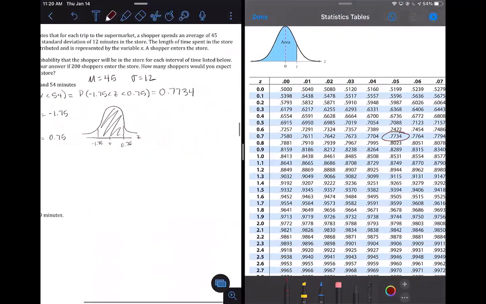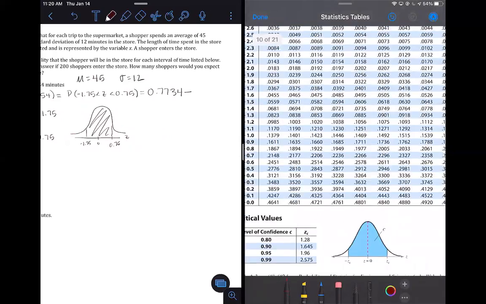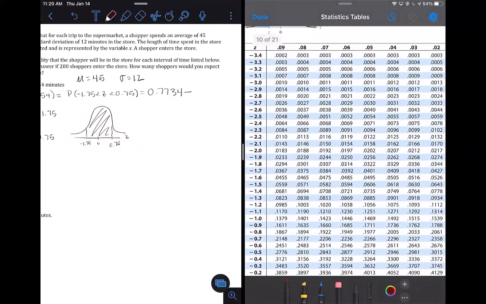All right, and then we're going to subtract. Now find the area for our z-score for negative 1.75. So switching to the other table, negative 1.75 would be 0.401.